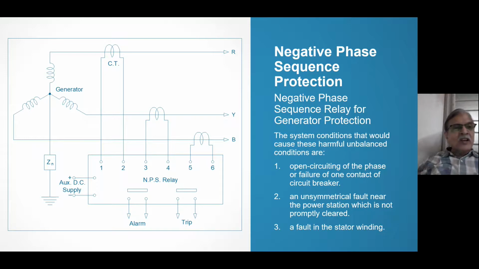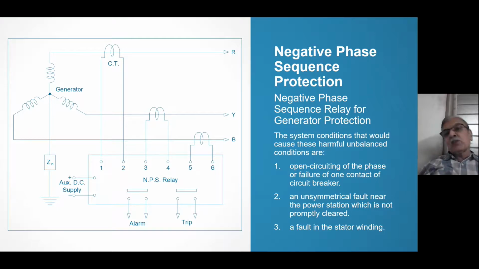For generator and generator transformer, there is an overall differential, one more differential. Then the generator has overheating protection provided by using RTDs. So there are many protections which are taking care of faults in the stator winding, and all are class A protection, and all faults are roughly 1 to 2 cycle operation.